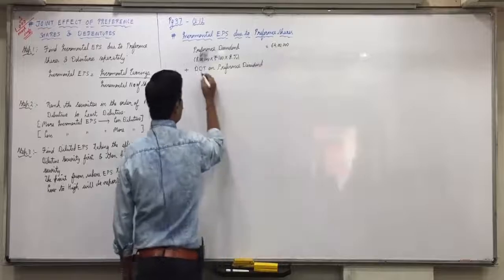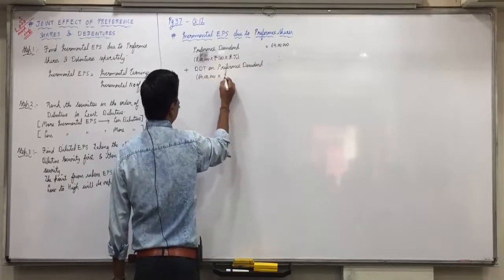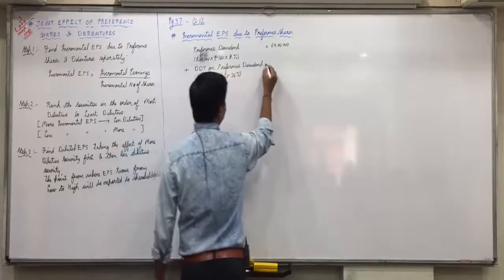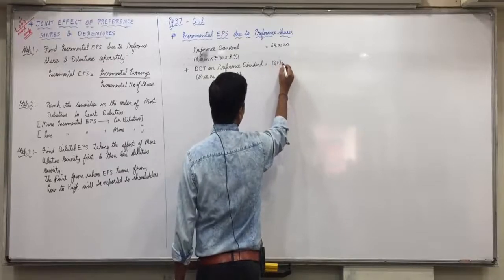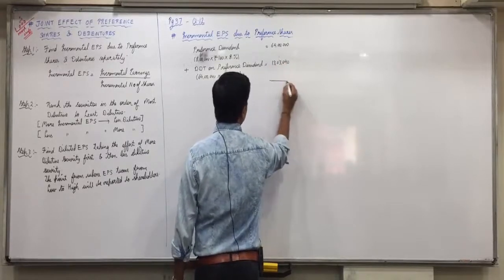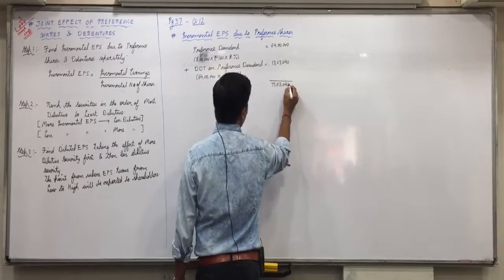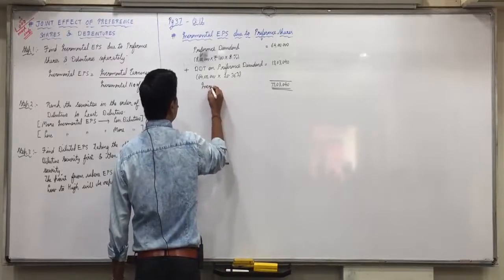On 64 lakhs you count the DDT. 64 lakhs into 20.36%, 13 lakh. Yes? 13 lakh 3,040. So 77 lakhs 3,040 is incremental earnings.